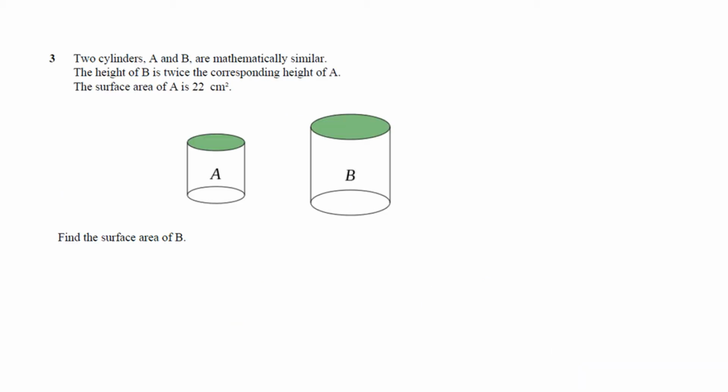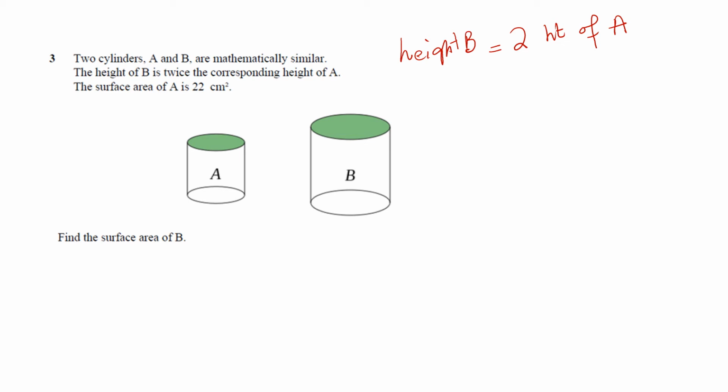Now let's try to understand this thing. Two cylinders A and B are mathematically similar. Okay, the height of B is twice the corresponding height of A. Means height of B is twice the height of A. What do we mean by that?